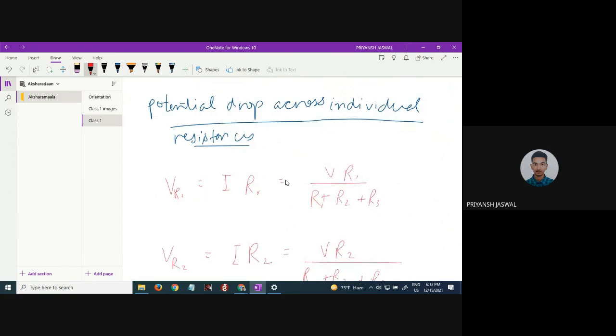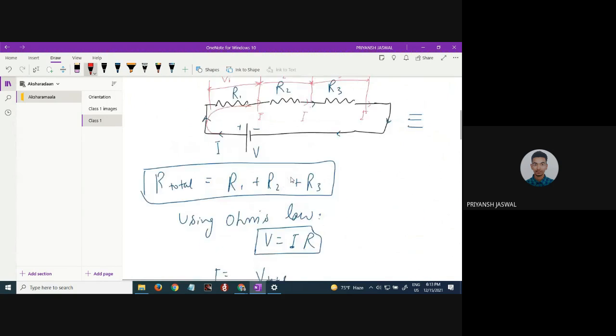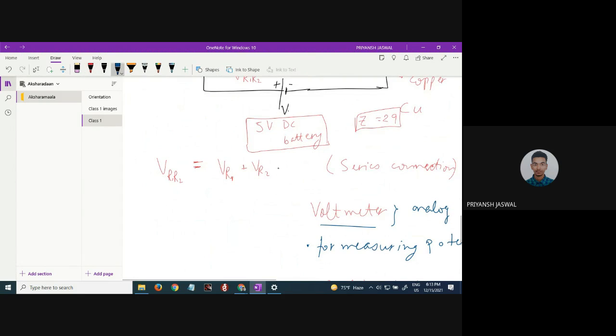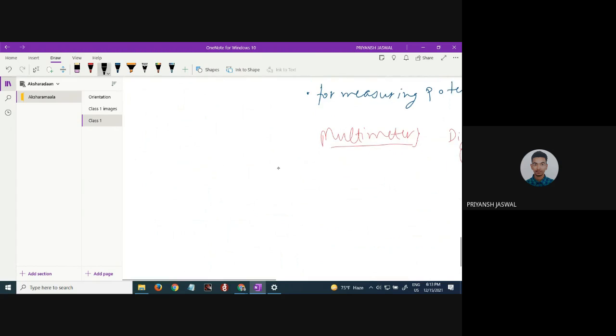Now, getting back to the main question, let's draw some observations from this. Our main aim is to see how the regulator works, but before that, we are studying this series circuit analysis. So, what are the observations?